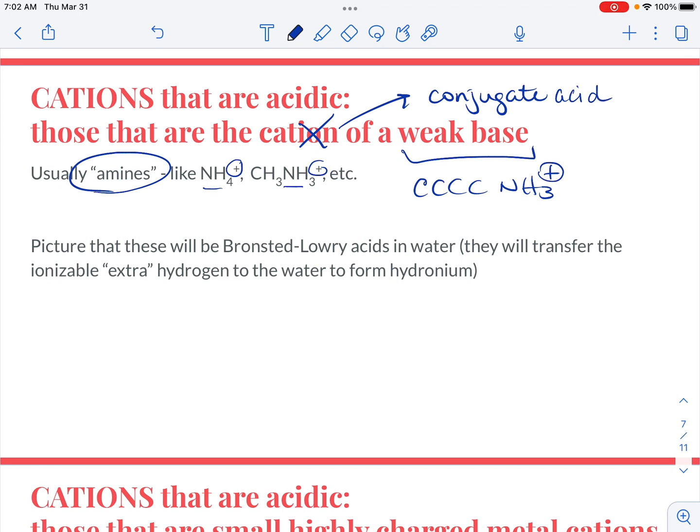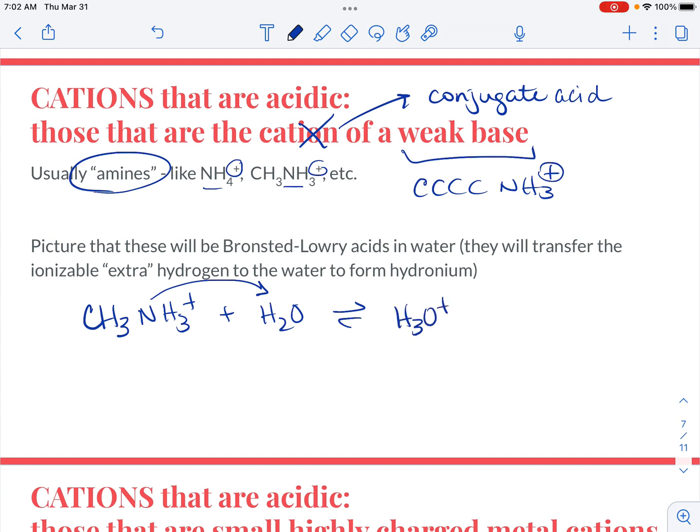Okay, so they are the conjugate acid of a weak base, and that makes them acidic, right? So these will be Bronsted-Lowry acids in water, and if I put methylamine in water, then I'm going to have CH3NH3 plus water, and this is a Bronsted-Lowry acid-base reaction. It's going to transfer a hydrogen to the water.